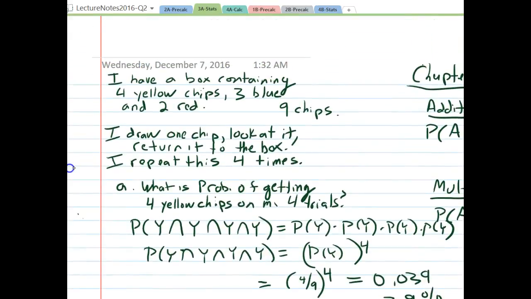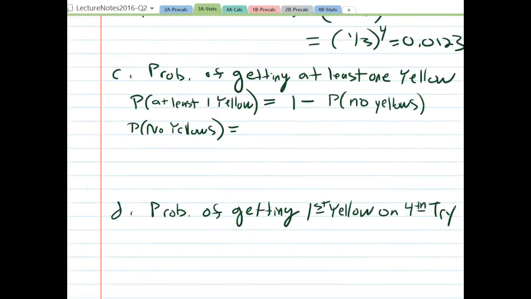I've got 4 yellow chips, that means 5 of them are not yellow. So I've got a 5/9 chance on any one pull of not getting yellow. That means the probability of getting no yellows on 4 pulls would be 5/9 raised to the 4th power.